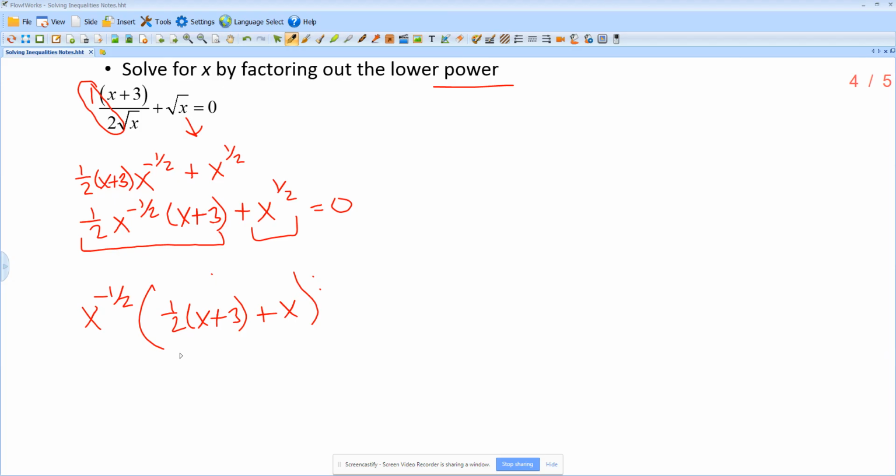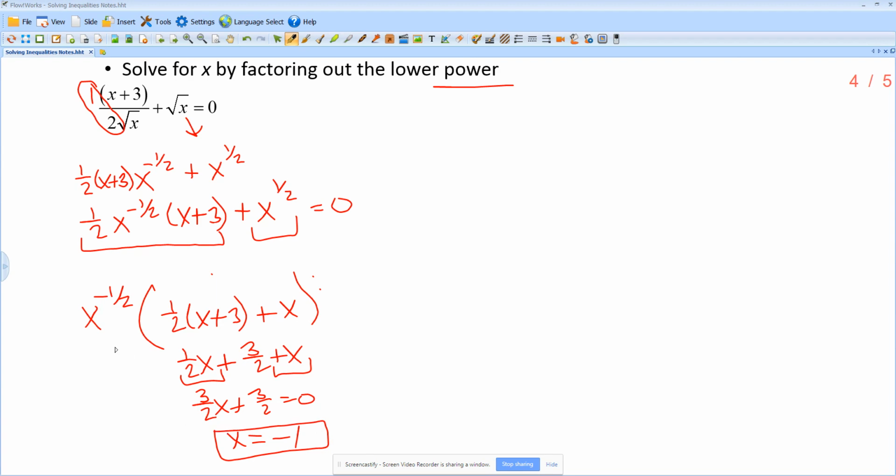I simplify this then, so I get 1/2 x plus 3/2 plus x. And if I combine these, I get 3/2 x plus 3/2 equals 0. So x equals negative 1.